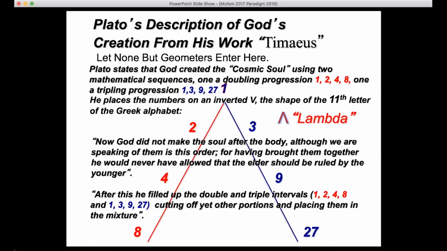And the one being the ultimate combination of the 2 and the 3. So I think what he's talking about is he would never allow these two numbers to have a different value, let's say.